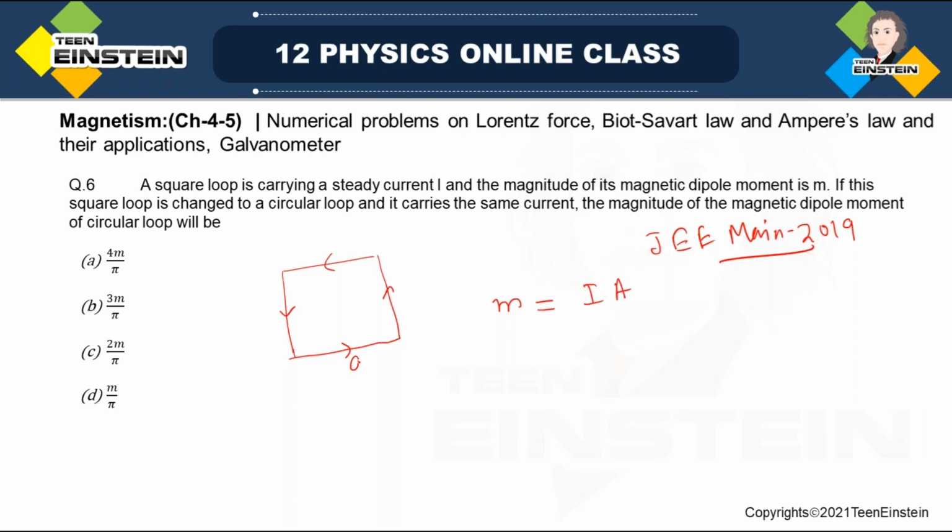I into A, where A is the area. Suppose this has length a, so we will get actually I into a square. This is the magnetic moment of the square loop. Magnetic moment is I into a square.